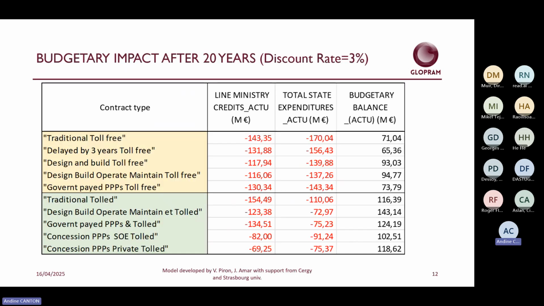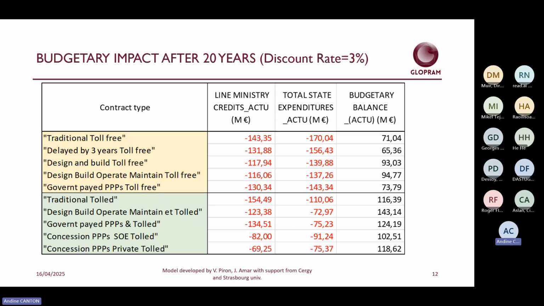So what are these numbers? We have compared 10 possibilities of contracts. We examined the results over 20 years with a discount rate of 3%. In the Ministry of Finance, it depends. Some, or the IMF, are discounting values, some others not.